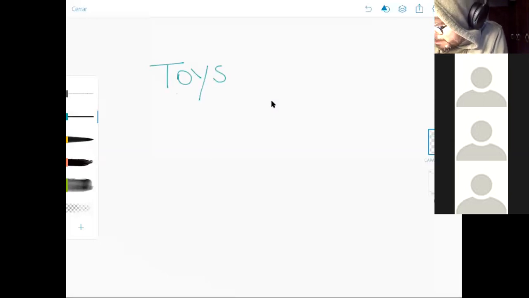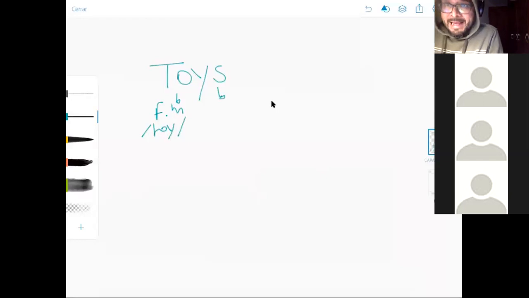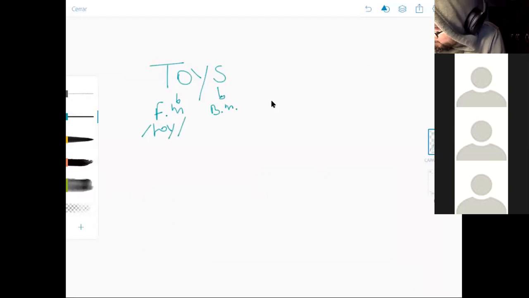The very first of them is toy, which is a free morpheme, right? And the other one is S. Well, that S is a bound morpheme, I know that, because it doesn't have a full meaning on its own. Then I also know it is a suffix, because it is after the free morpheme.